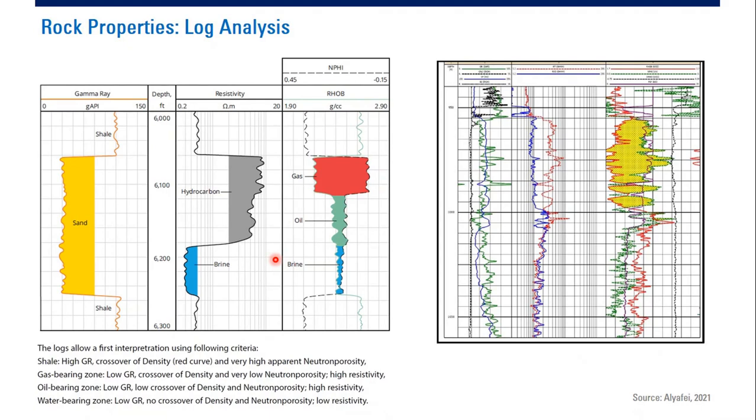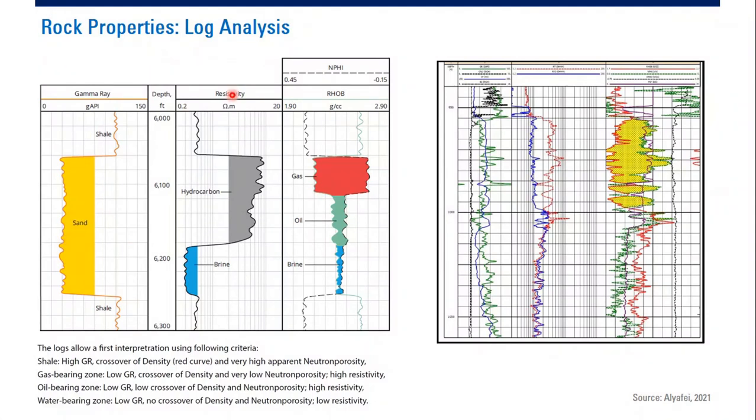For example, gamma ray can give us information about where the permeable or porous zone is. So with gamma ray, we can know the reservoir.